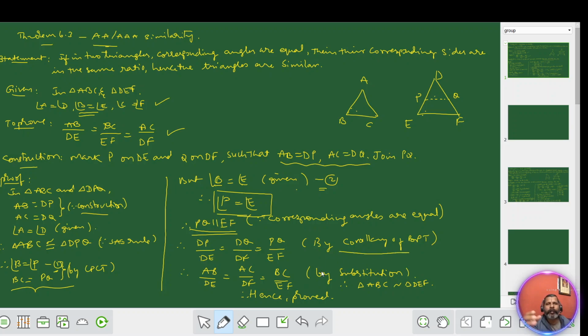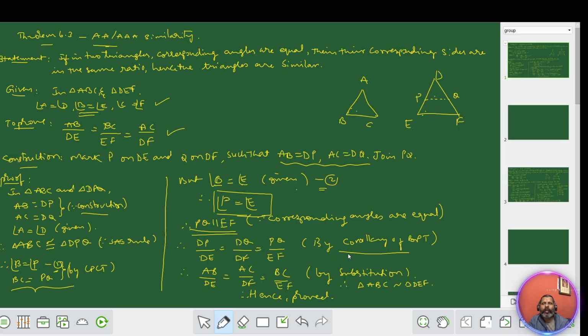Why I say corollary: BPT talks only about parts of the sides, DP by PE, DQ by QF, but we want here DP by the full side, DE. So it's a corollary of BPT. I'm repeating, DP by DE is equal to DQ by DF is equal to PQ by EF.